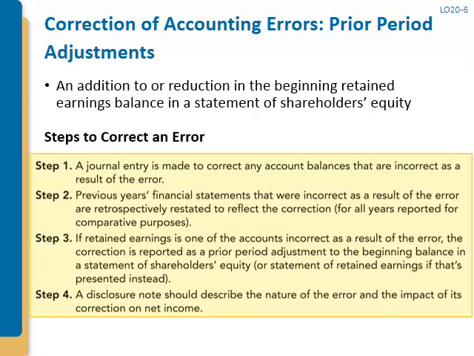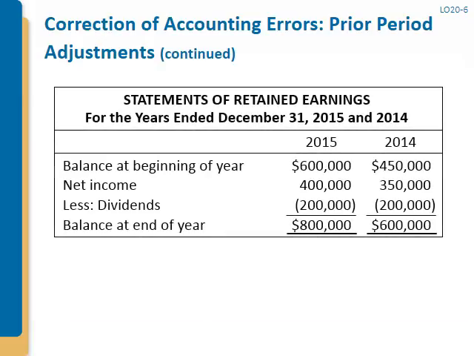The retrospective approach is used for the correction of errors. The correction of an error is treated as a prior period adjustment. In an earlier chapter, we saw that the Statement of Shareholders' Equity is the most commonly used way to report the events that cause components of shareholders' equity to change during a particular reporting period.